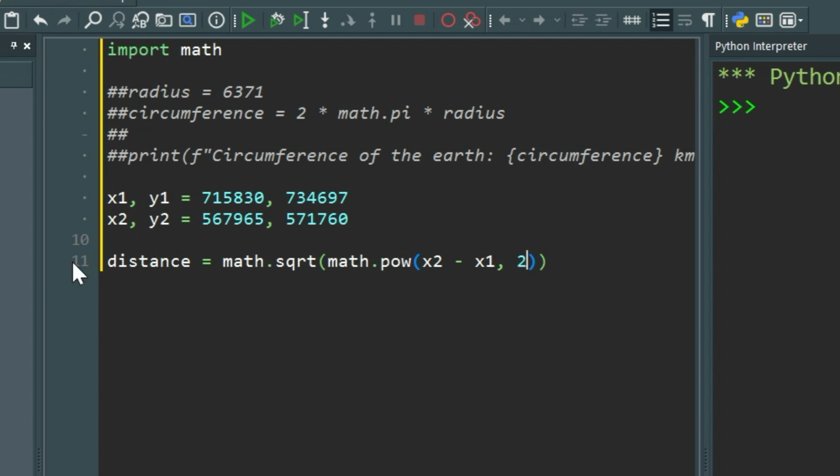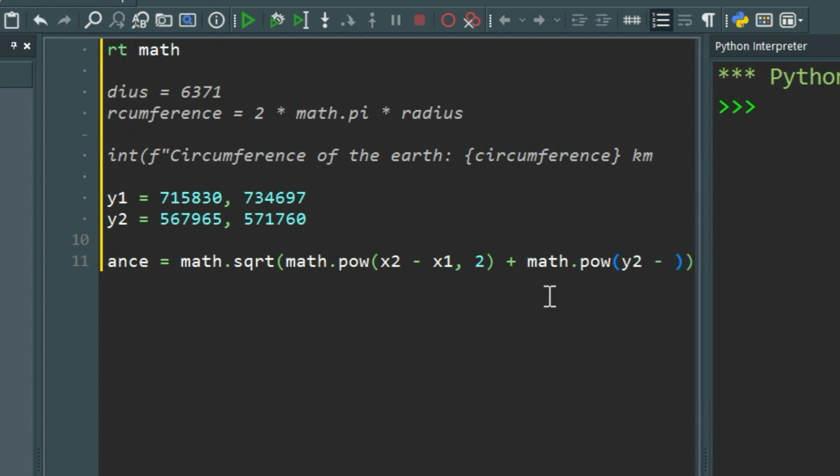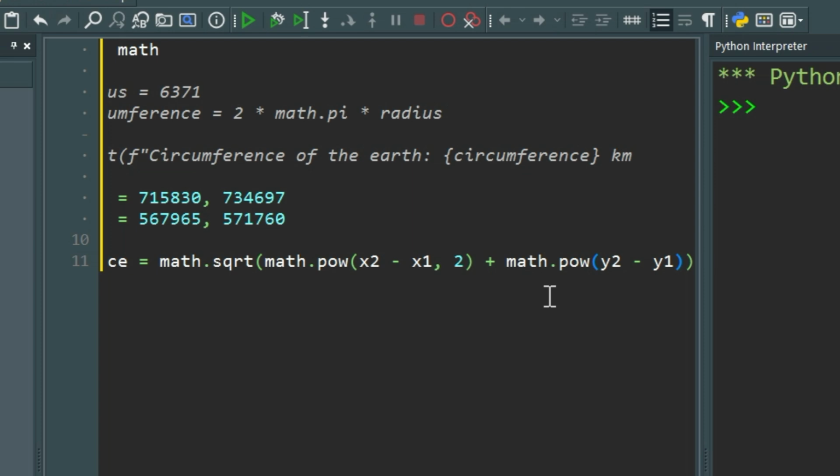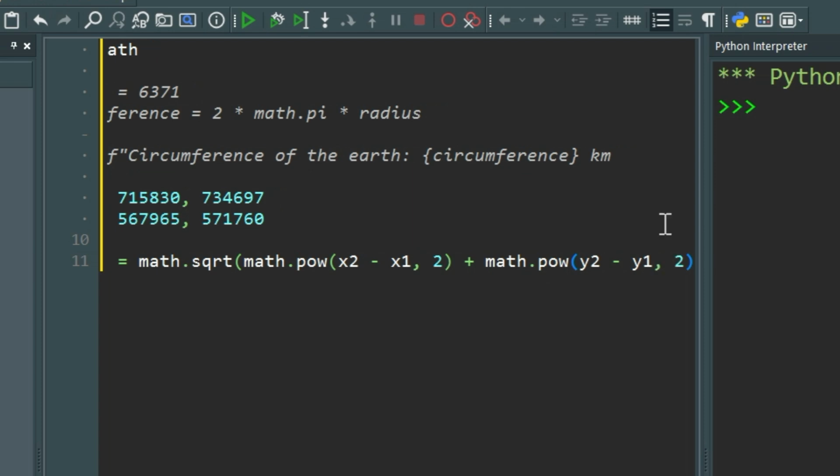So what this is saying is x2 minus x1 to the power of 2. And we want to add in a plus. And we're using power again, math.pow. And this time it is y2 minus y1 and again to the power of 2.